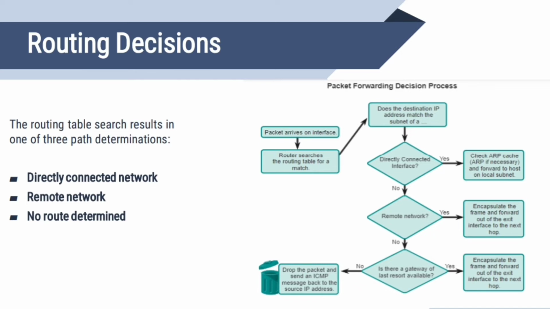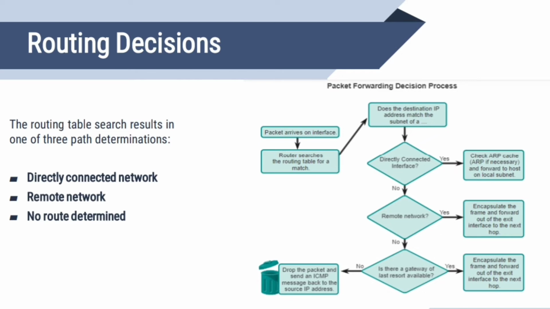If there is a default route, the packet is forwarded to the gateway of last resort. If the router does not have a default route, then the packet is discarded. If the packet is discarded, the router sends an ICMP, also known as Internet Control Message Protocol, unreachable message to the source IP address of the packet.